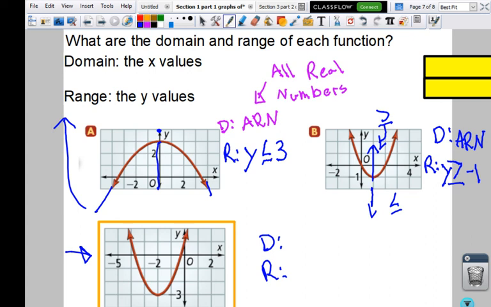All right, that's it. So, our domain, actually, I'll have you guys answer, just to make sure. On this one, Gabe, what's my domain? All real numbers. And then my range is what? Ivory, what's my range?